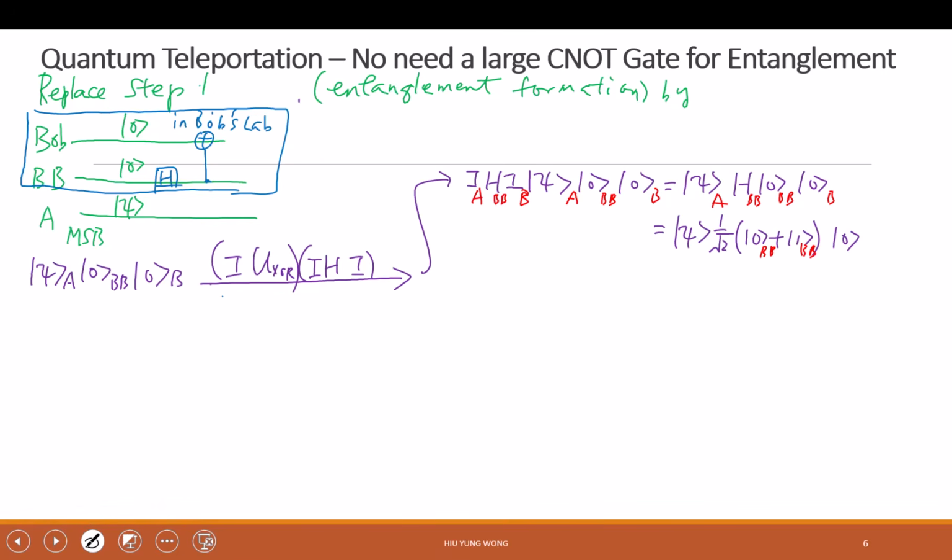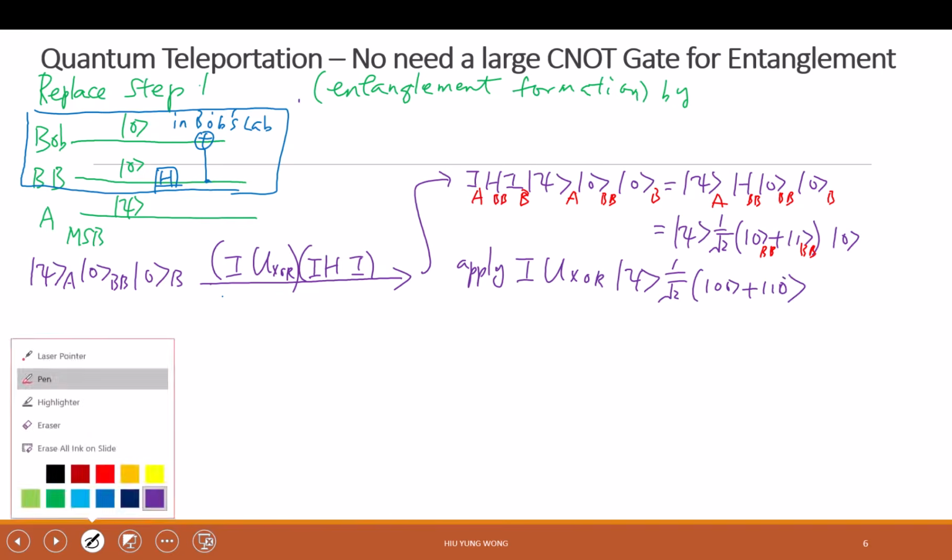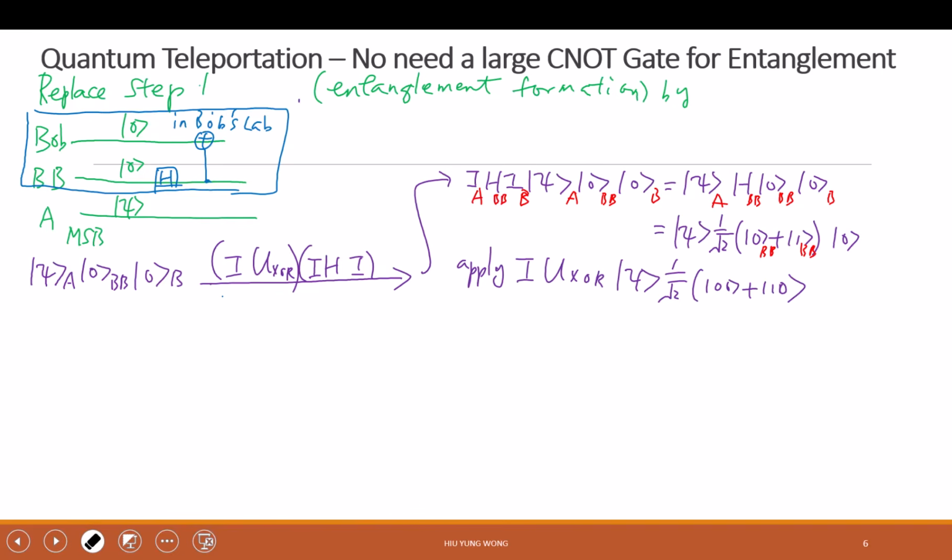And after that, you apply the control NOT gate to it. And I'm going to write this as 0, 0 plus 1, 1, 1, 0. Right? I just combine this 0, 0 and 1, 0 together.